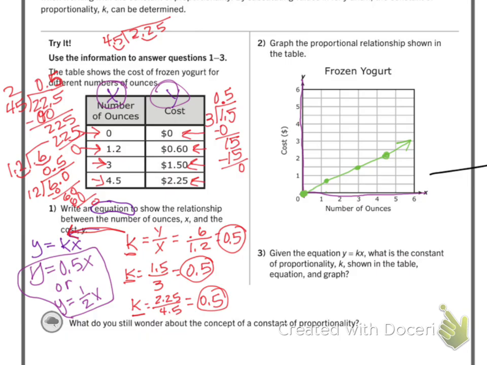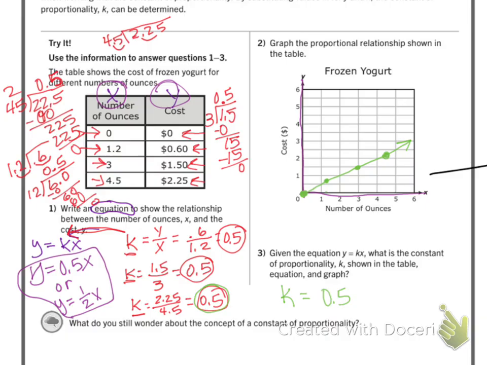So now it says, given the equation y is equal to kx, what is the constant of proportionality, k, shown in the table, the equation, and the graph? So they're asking you for that k. We know that it is here, 5/10, or 1/2.